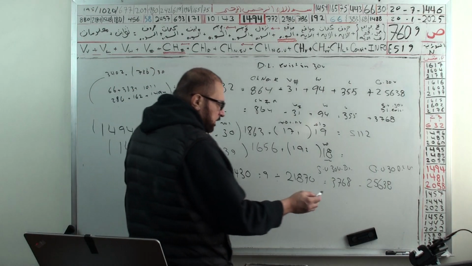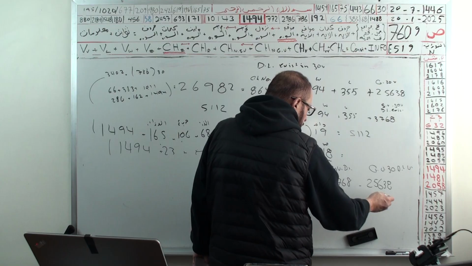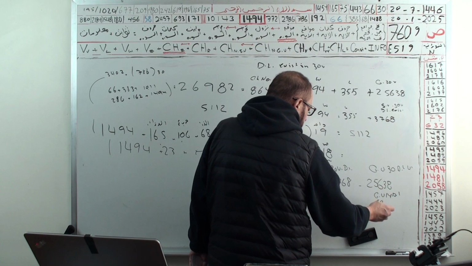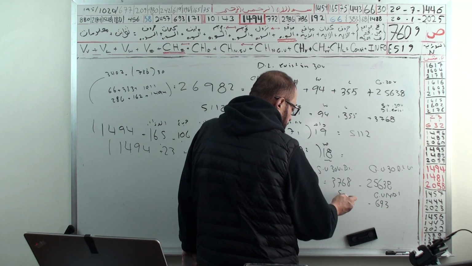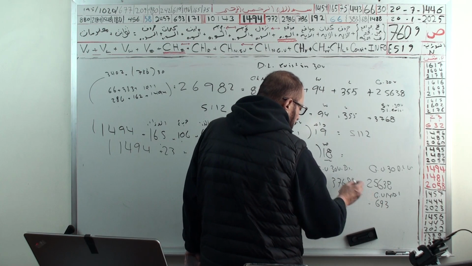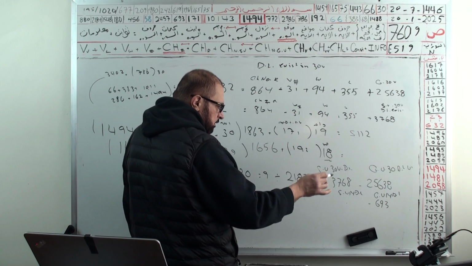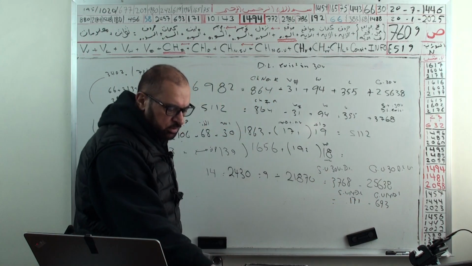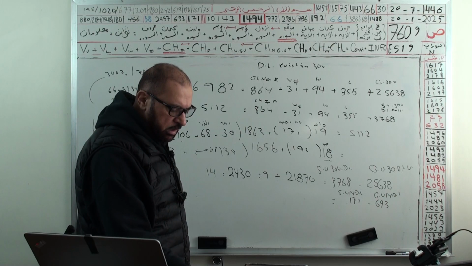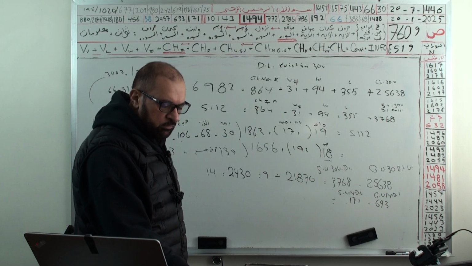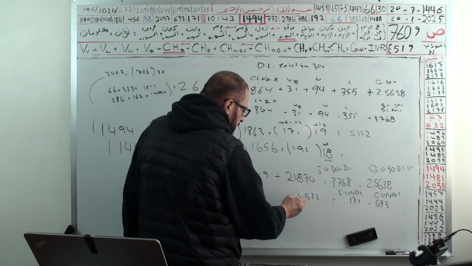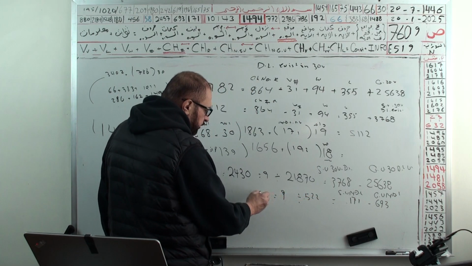Like I told you, the geometrical value of the 14 disjointed letters only, which is 693, minus the sequential value of the 14 disjointed letters only. This is the letters themselves, 171. So do the math. 693 minus 171 equals 522. 522 divided by 9 equals 58.